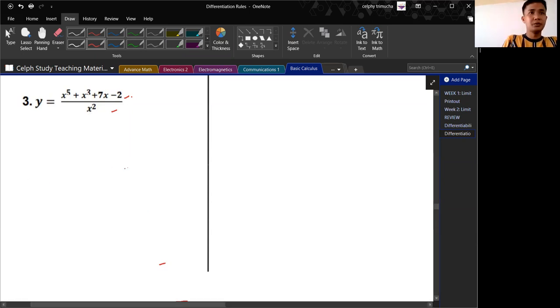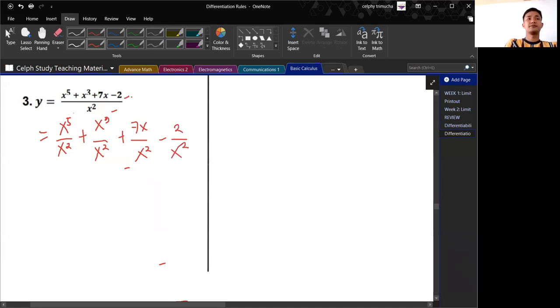So i-separate natin isa-isa, we'll have x to the fifth all over x squared plus x cubed all over x squared plus 7x all over x squared minus 2 all over x squared. So isa-isahon ta siya para medyo hapos para sa aton.